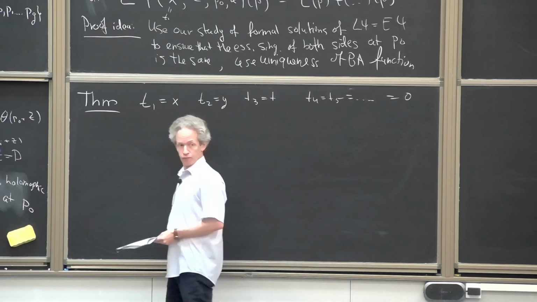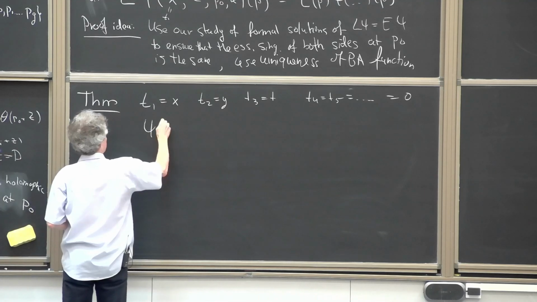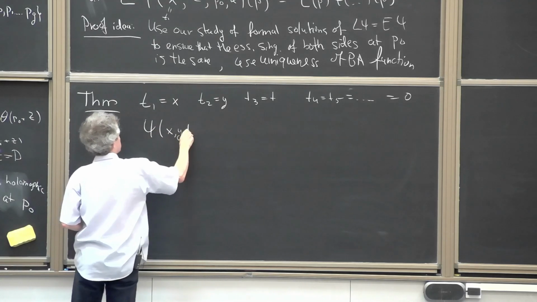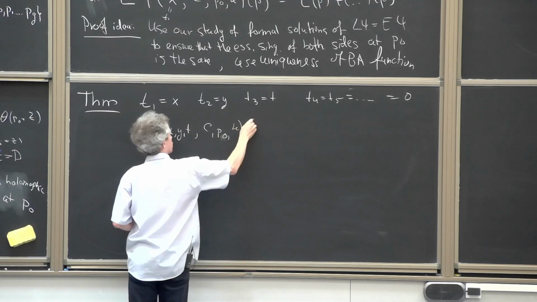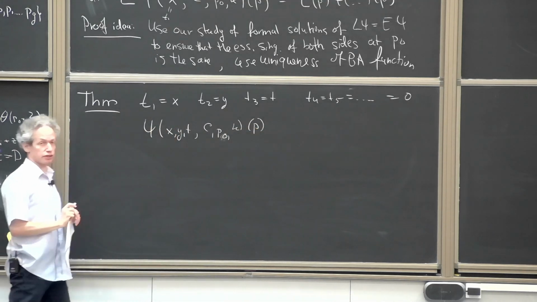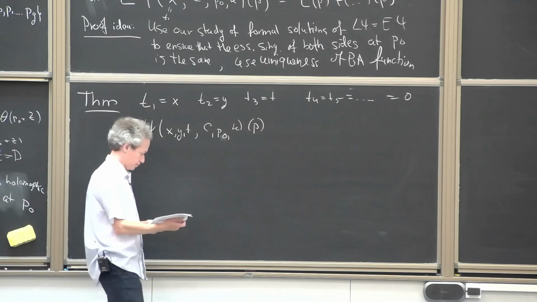Then I'm going to look at the Baker-Akhiezer function psi of x, y, t, gamma, P naught, k of P, right? So this is just the case when I have three variables. We'll discuss in a second why this is a useful case.